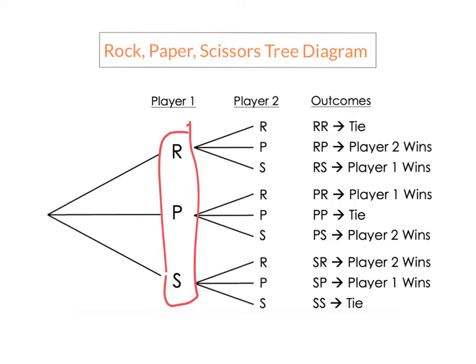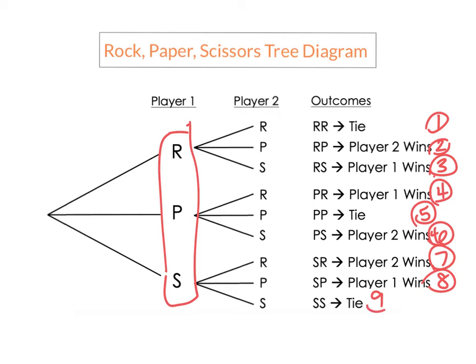We could figure out the total number of outcomes by making this tree diagram, and we can see we have 1, 2, 3, 4, 5, 6, 7, 8, 9. Or we could have used the fundamental counting principle to say player 1 for each round has a total of 3 options, and player 2 has a total of 3 options, the rock, paper, scissors, to get 9 total outcomes.